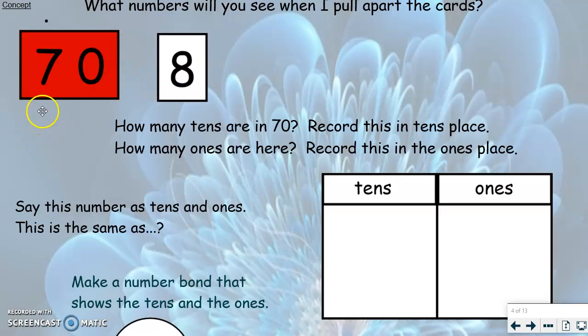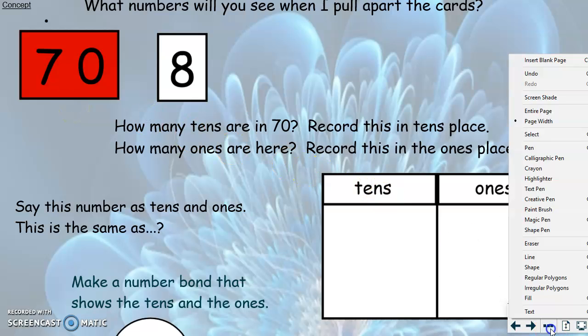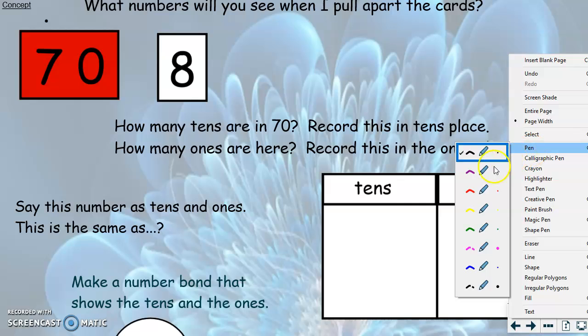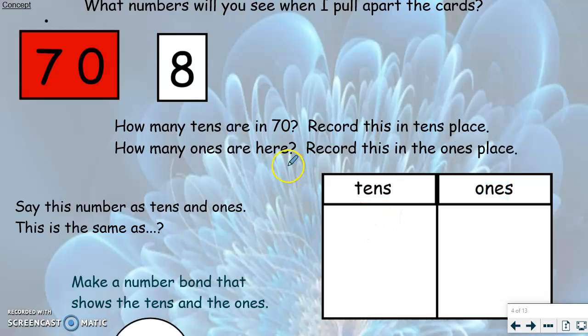Okay, so the two numbers we have are 70 and 8. How many 10s are in the number 70? Okay, 7 10s. We know that because we can look at the tens place and see 7 10s.